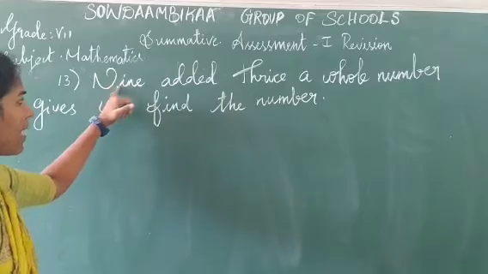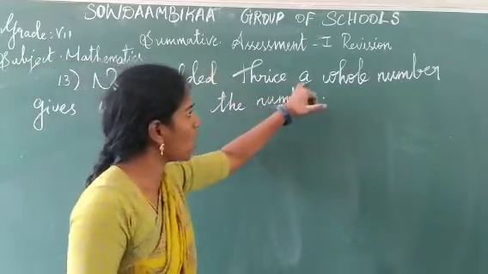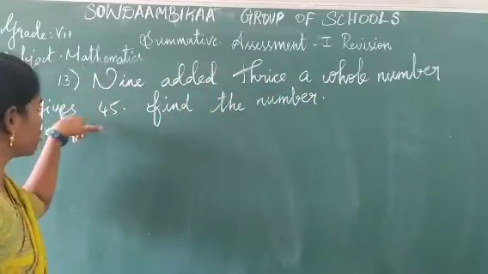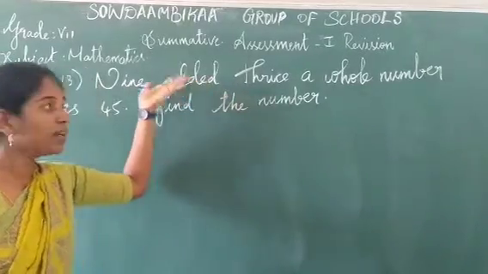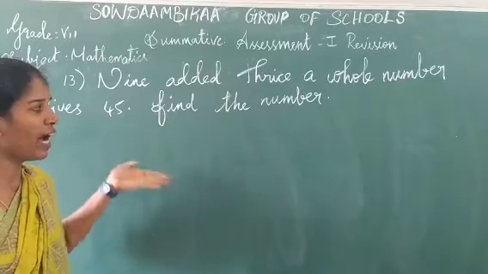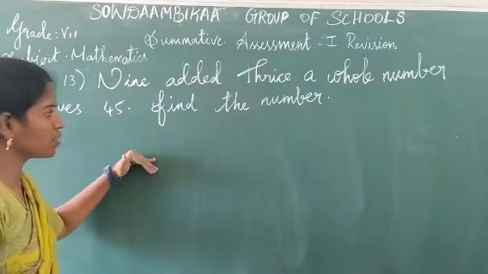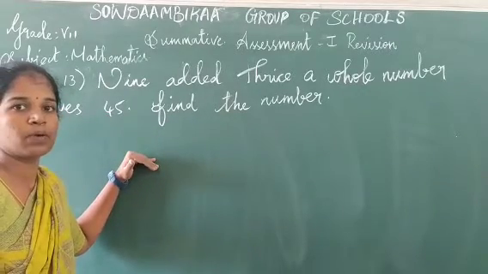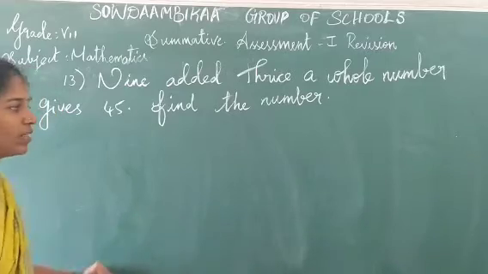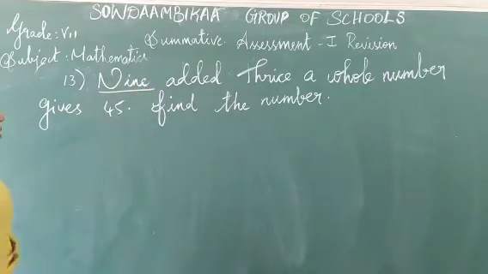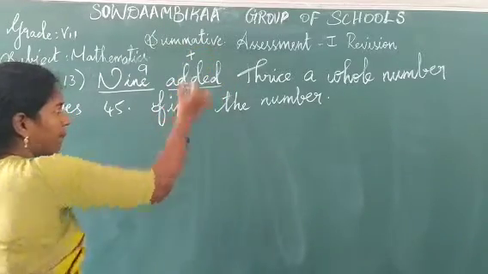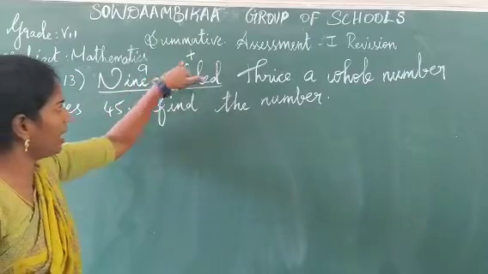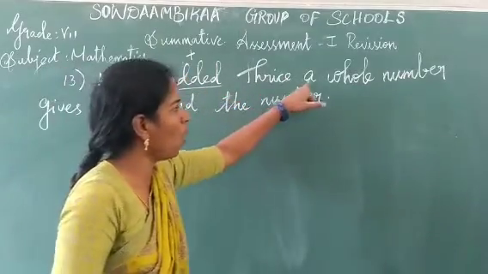Listen. 9 added to thrice the whole number gives 45. Find the number. First, the statement problem is given. We have to reduce it to the equation. 9, put 9. Added means the corresponding sign plus. 9 added to thrice the whole number.